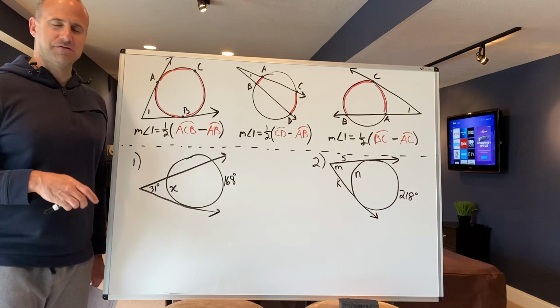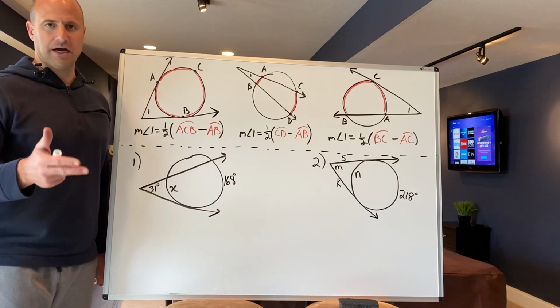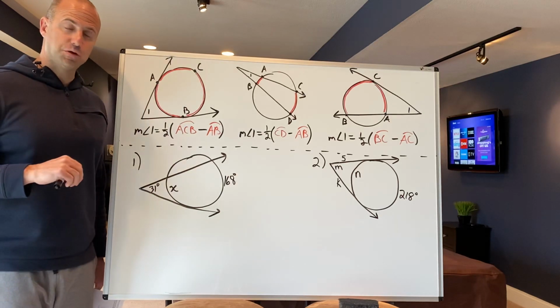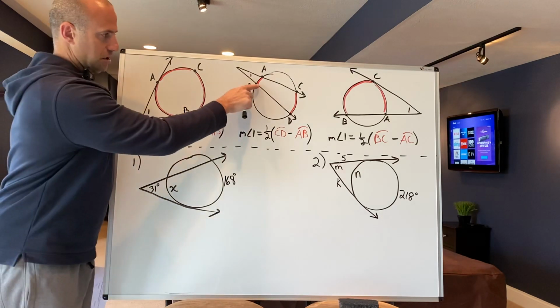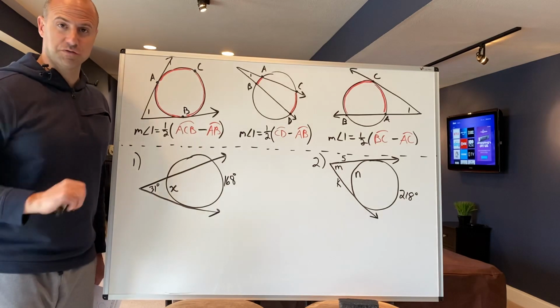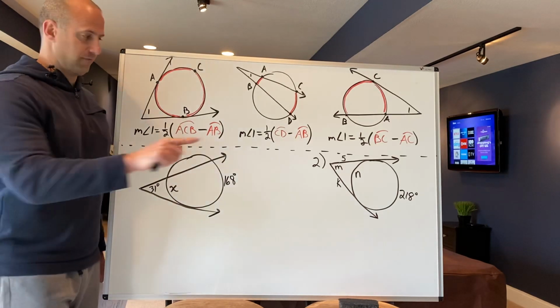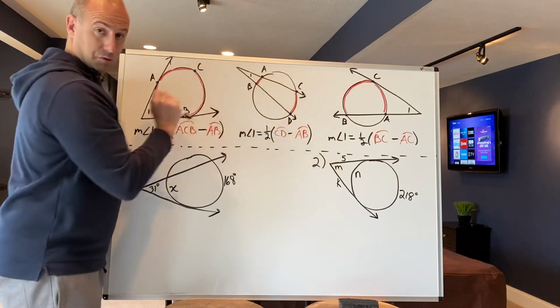But what happens if instead of tangent, they're secant? If you forgot, the word secant means that it cuts through in two or more spots. So it doesn't just skim the circle, it actually cuts right through the circle. Good news for you. It's the same thing. You take 1/2 of the two arcs that are created by that.